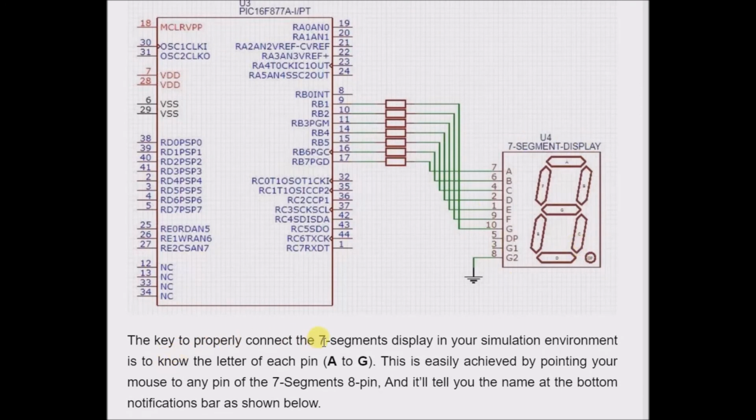The key to properly connect the 7 segments display in your simulation environment is to know the letter of each pin, A to G. This is easily achieved by pointing your mouse to any pin of the 7 segments display, and it'll tell you the name at the bottom notification bar as shown below.